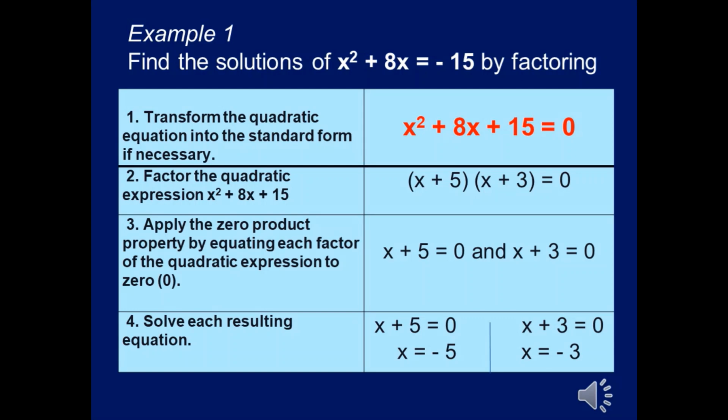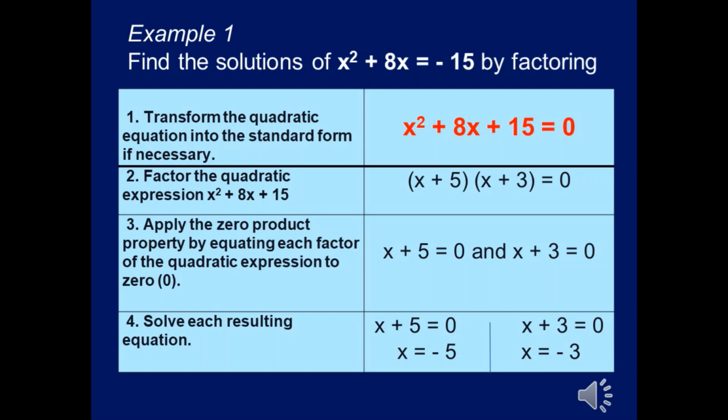These are the steps that we need to follow in order to get the solution for this equation. Number 1, transform the quadratic equation into the standard form if necessary. Take note, only if necessary. We can do that by checking first whether the given equation is written in the standard form.